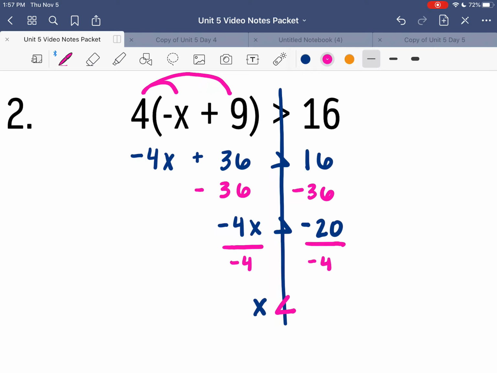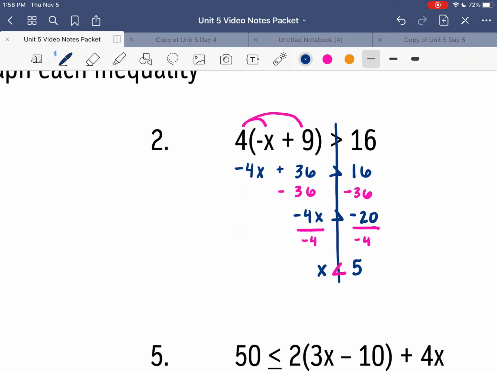So now it was originally a greater than, I had to reverse it to be a less than. And negative 20 divided by negative 4 is positive 5. And that would be my answer, which again we can represent on a number line. So my answer here is x is less than 5.